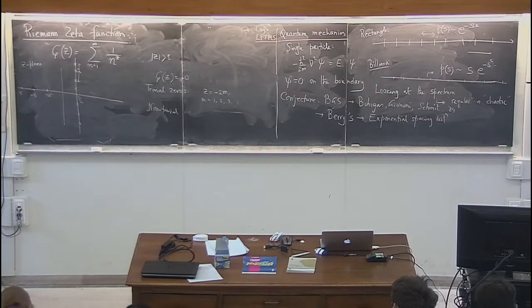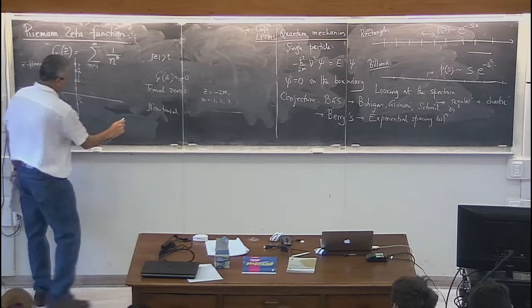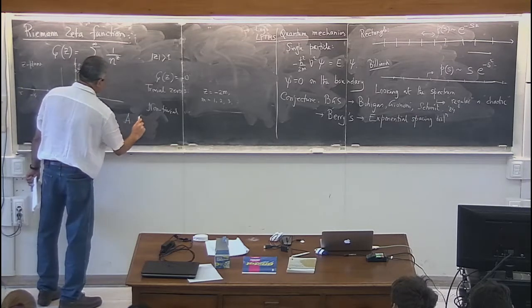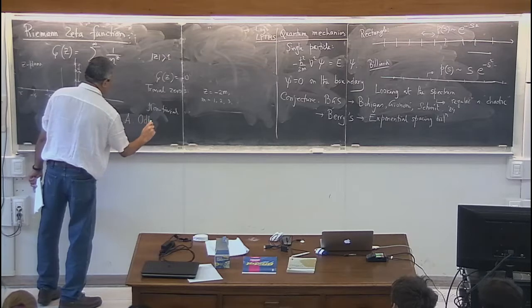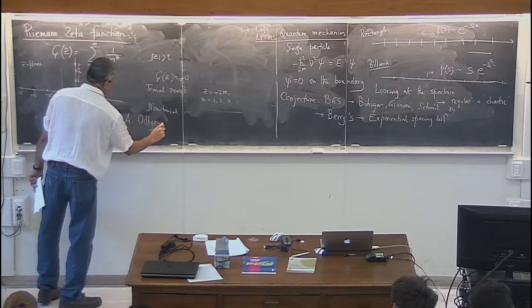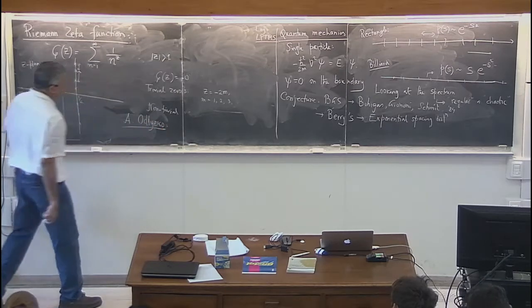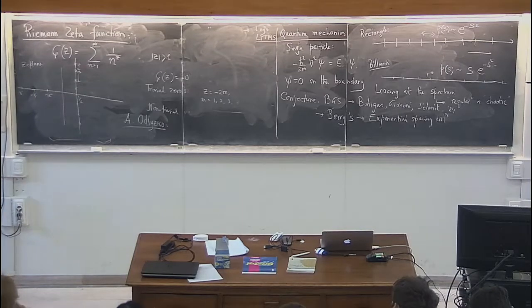There was a famous mathematician called Andrew Odlyzko. He was at Bell Labs, and he built special computers to study the zeros of this Riemann zeta function. People have found billions of zeros now, and there has not been any exception: they are all on this line.